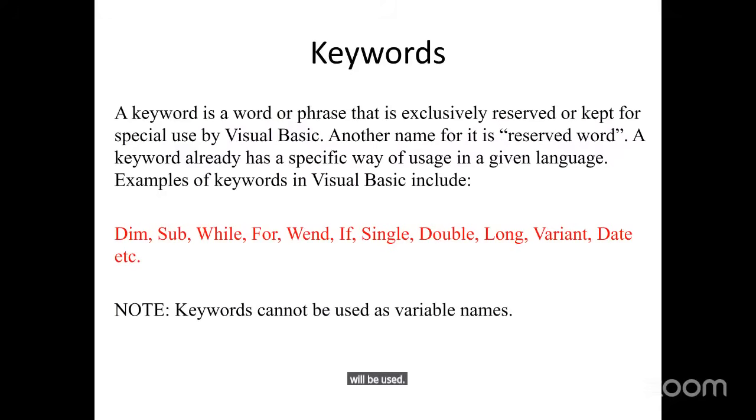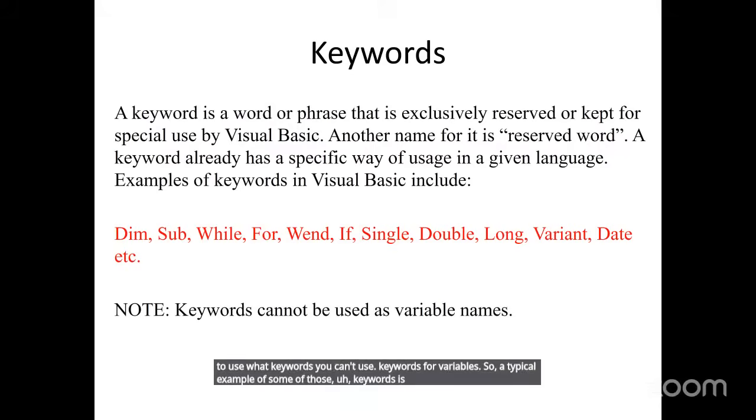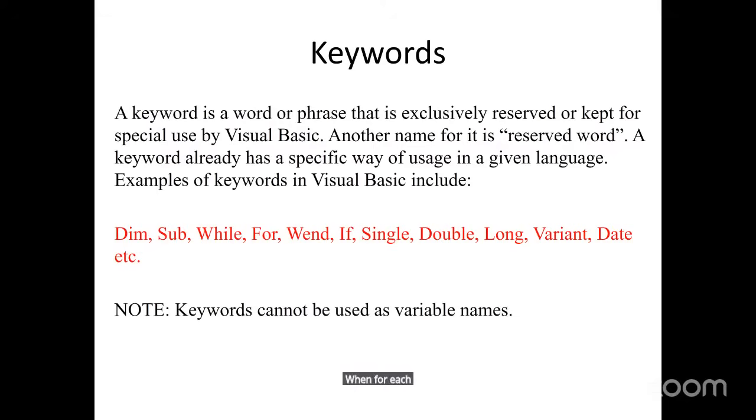That's why people make mistakes. You use keywords for variables. You can't use keywords for variables. A typical example of some of those keywords is Dim, Sub, When, For, If, Single, Double, Long, Variant, State, and so on. Have it at the back of your mind.